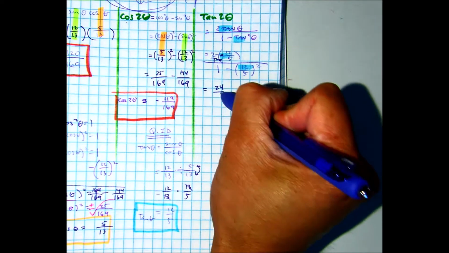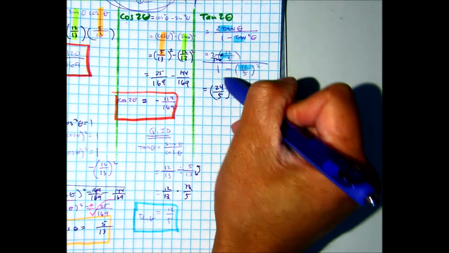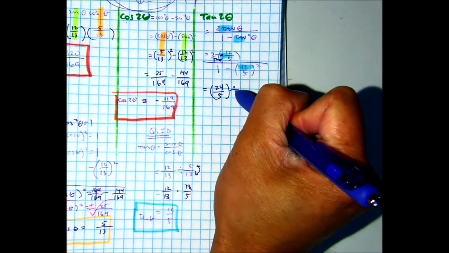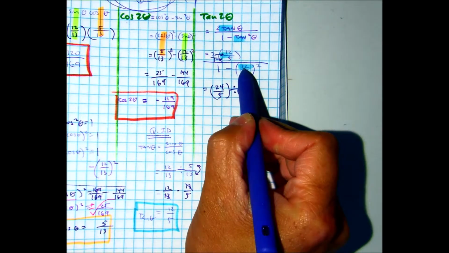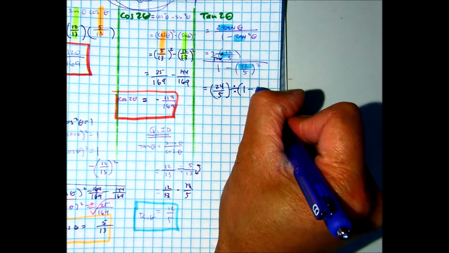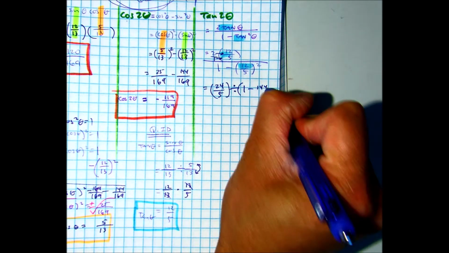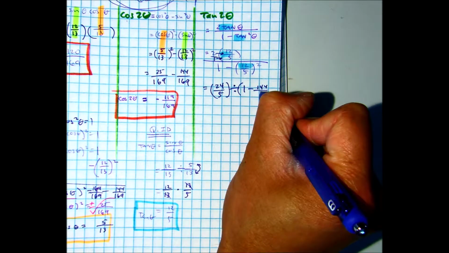24 over 5. Now I'm going to turn my fraction sideways. 1 minus 12 squared is 144, and 5 squared? 25.